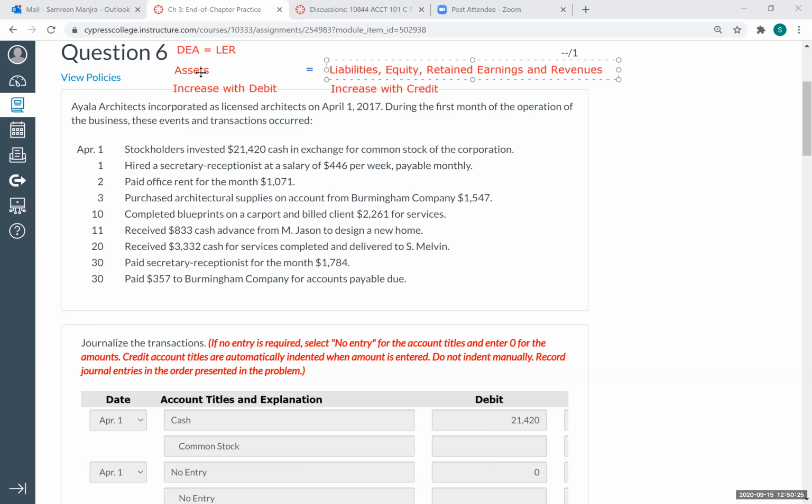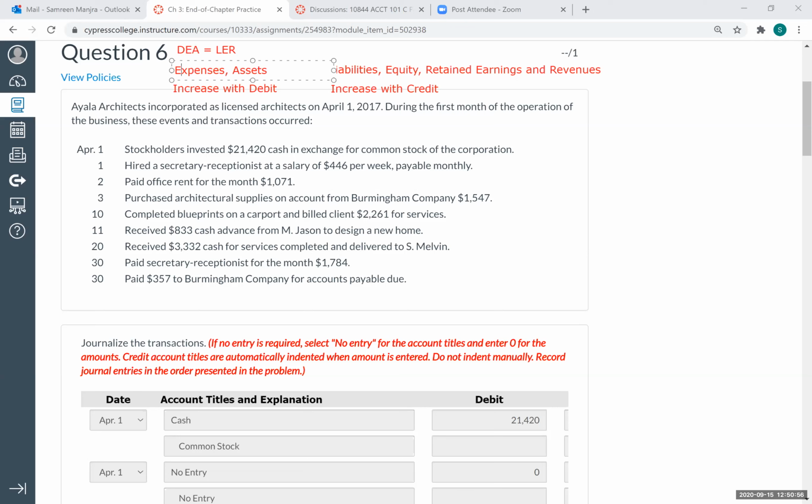We also consider dividends and expenses. Expenses reduce the net income, therefore they reduce retained earnings and they reduce equity. So actually expenses are going to do the opposite of what the other items in equity would do. Expenses are actually going to increase with a debit.